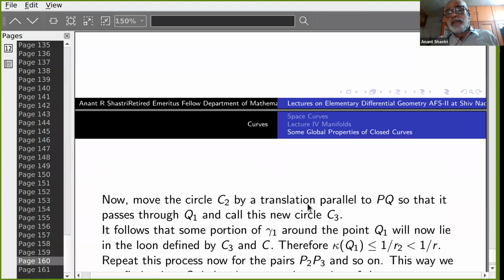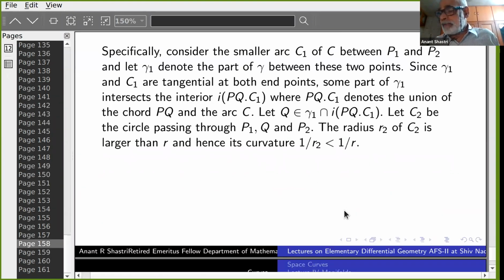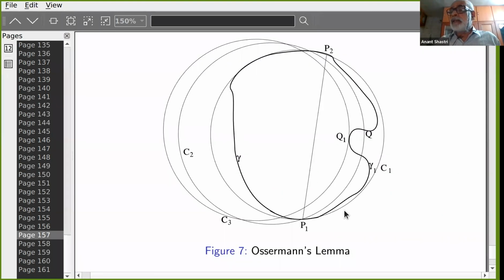The simplest curve other than a circle is an ellipse. So start verifying it for that. This proof will tell you that between the two points of the major axis, there is some point wherein kappa dot has to be 0.